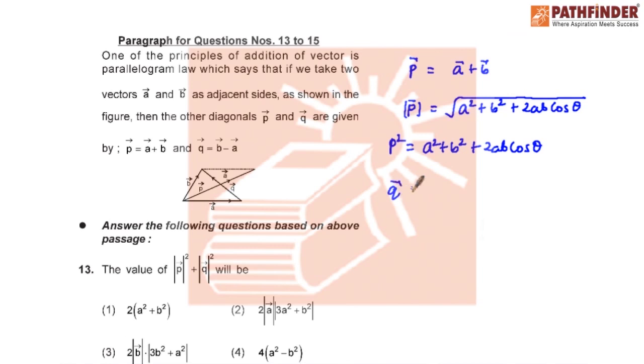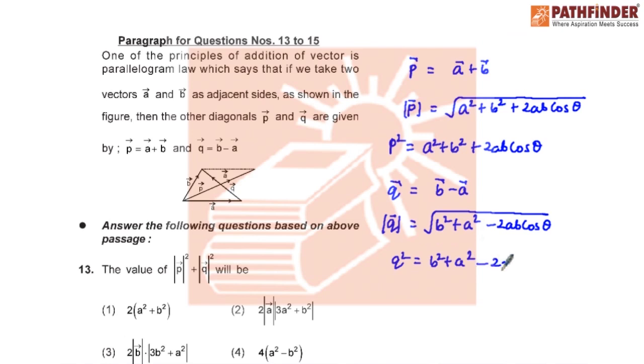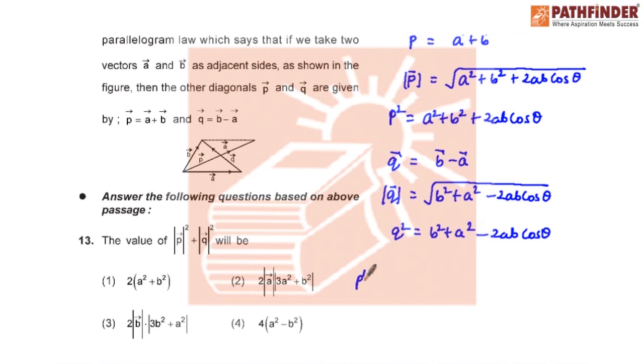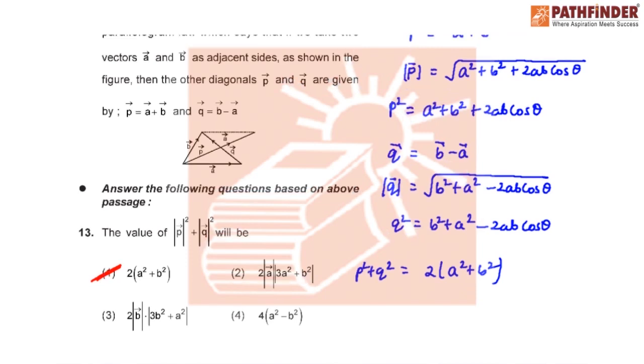When Q vector is equal to B minus A, the magnitude of Q is the square root of B square plus A square minus 2AB cos theta. Then Q square is B square plus A square minus 2AB cos theta. So if we add P square plus Q square, we get twice of A square plus B square. So for this particular question, option 1 is correct. Twice of A square plus B square.